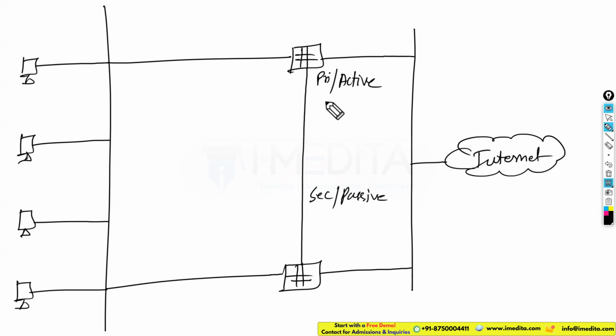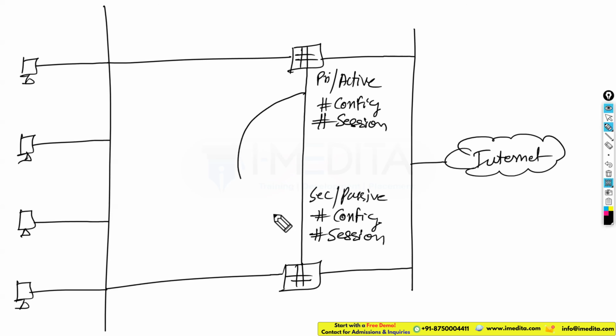The primary firewall will contain the configuration, or we will do the config on it. Then the primary firewall will share its configuration with the secondary. The primary firewall will maintain sessions, and those sessions will be shared with the secondary. So the primary firewall will synchronize its configuration and real-time sessions with the secondary.